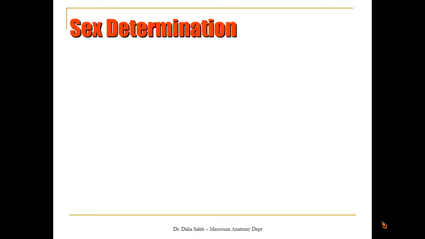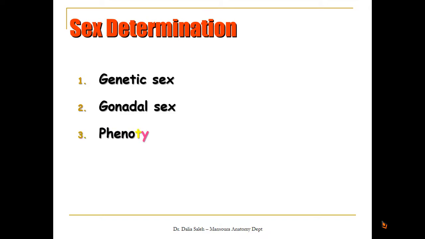For sex determination, like I mentioned before in previous videos, first we start with the genetic sex, which is determined at the time of fertilization according to the sex chromosome carried by the sperm that will fertilize the ovum. Then we have the gonadal sex, and this is determined by the presence or absence of the Y chromosome. The third step in sex determination is the phenotypic sex, and this is determined according to the hormone secreted by the developed gonad.